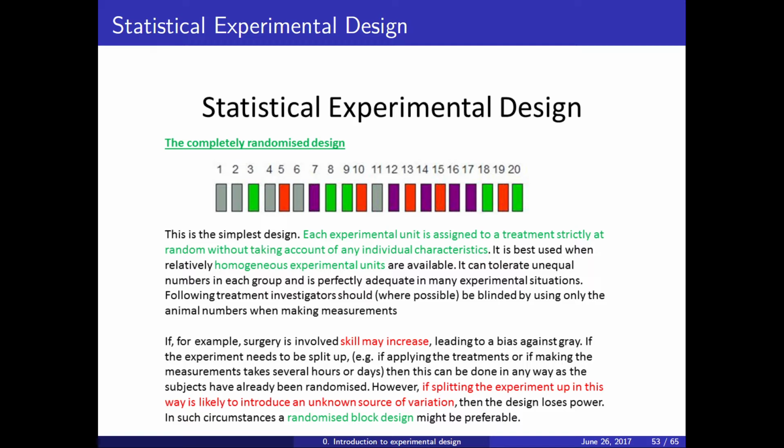So for instance, here let's say that this is also the order in time in which you will do the experiments, and let's say that you are doing some kind of surgery that you are not too proficient at in the beginning, but you improve with practice. So you apply different treatments, and for each one of them you extract, I don't know, the liver of the animal, and then you make some measurement on the liver.